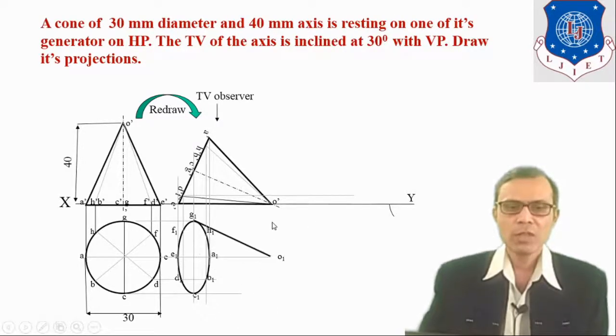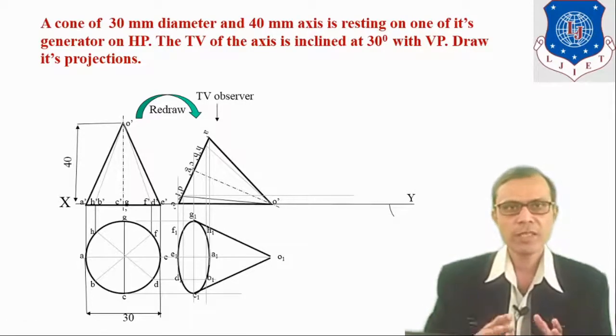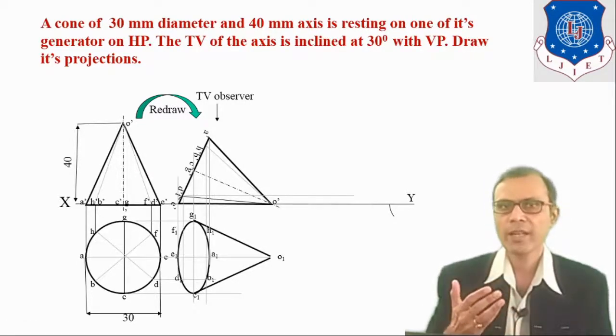From this point, these are the generators on the boundary line, which is also known as the outline. So it forms the outline of this top view, and the outline for any view is always visible. These are some important points which you should understand and remember.